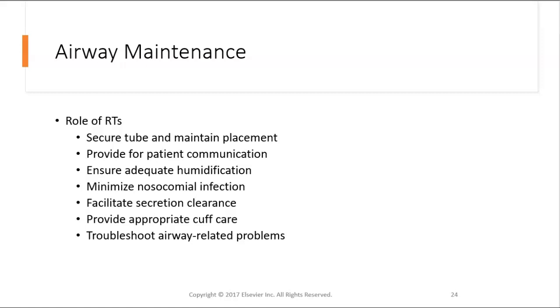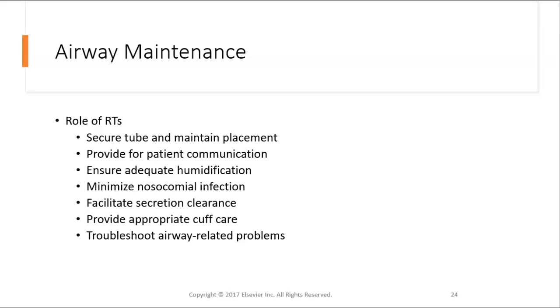I want to do my part to minimize nosocomial infection. So I'm going to follow my ventilator-associated pneumonia prevention bundles. I'm going to follow my hospital's policies on infection control so that I'm not introducing infectious particles to my patient. I want to help with secretion removal.